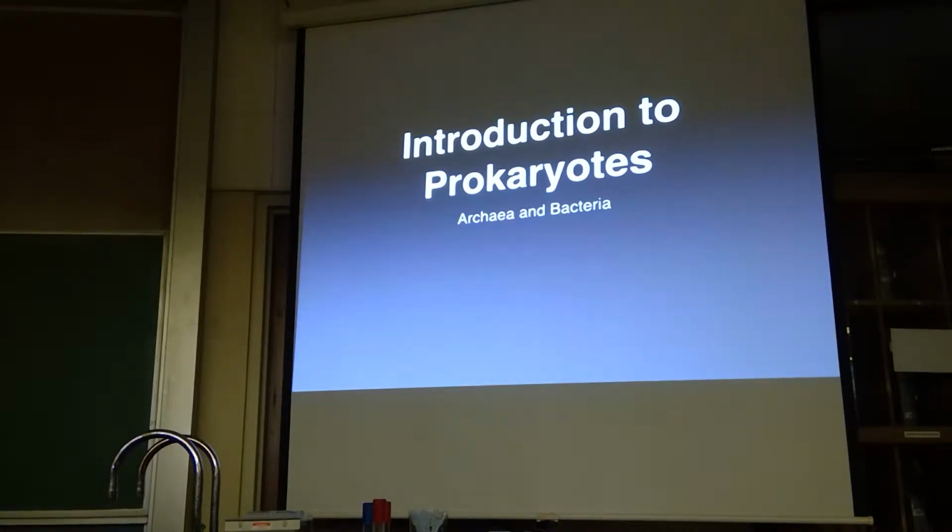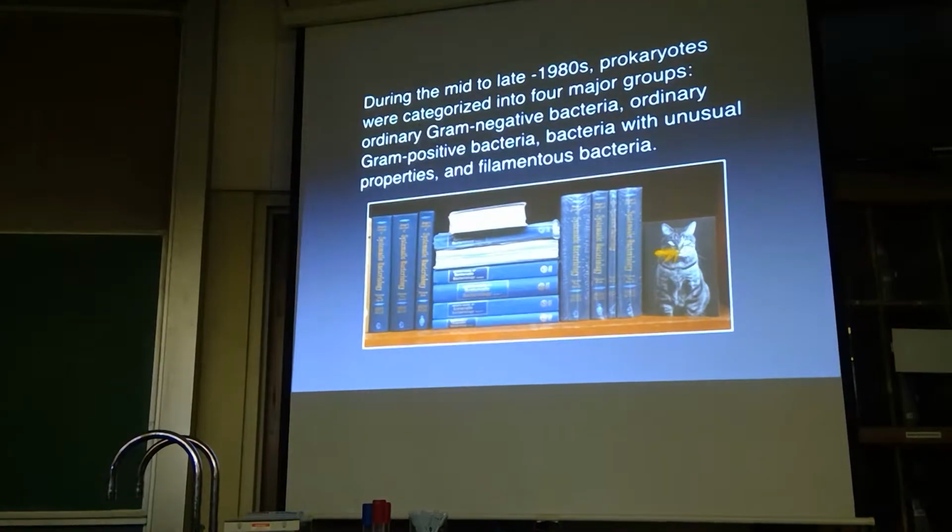Now we're going to start looking at the groups. So we're going to start looking at prokaryotic organisms. Tonight we're going to be looking at archaea and bacteria. And then we'll go through the fungi, the protozoa, the microscopic algae, and the multicellular parasites that usually relate to microbiology. So tonight is prokaryotic cells, again, archaea and bacteria.